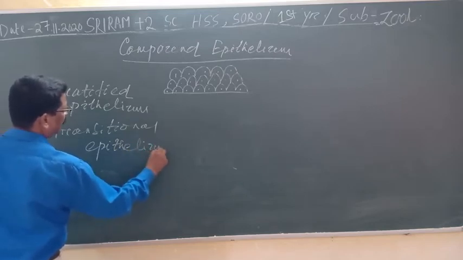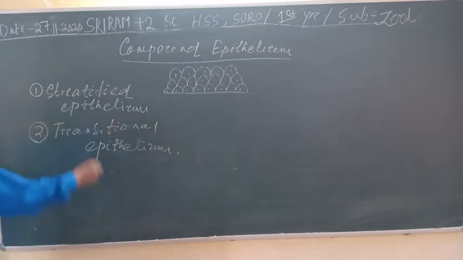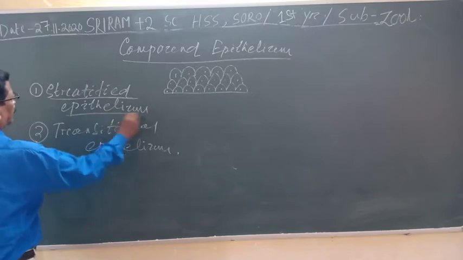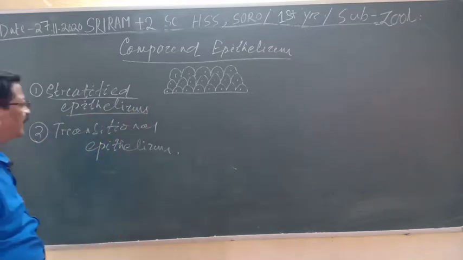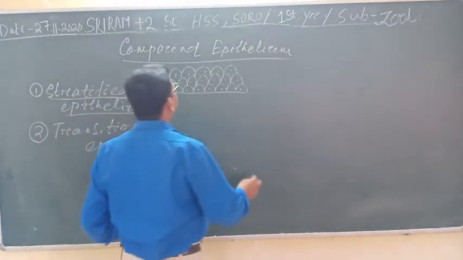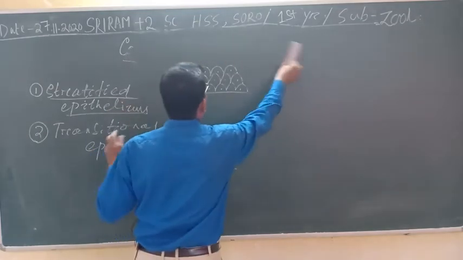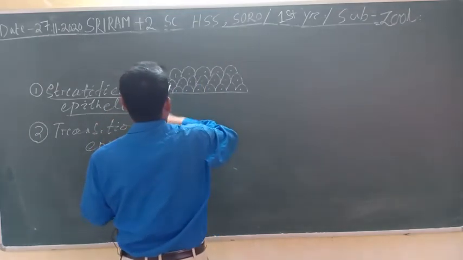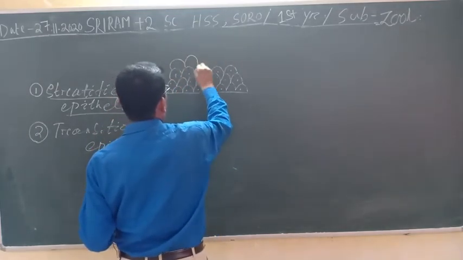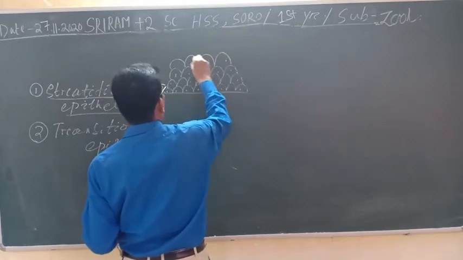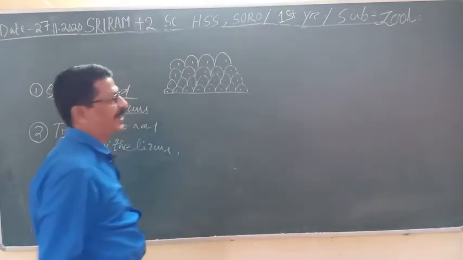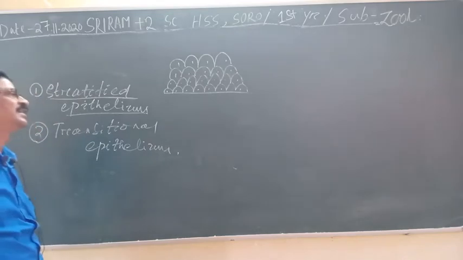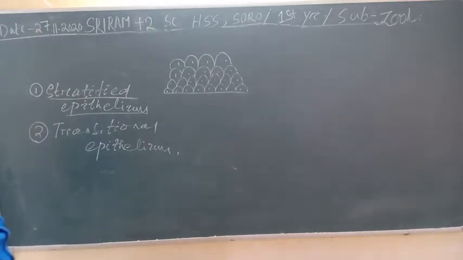So first of all, you come to the stratified epithelium. Clear? In the stratified epithelium, the cells are arranged in more than one layer, about 6 to 7 layers. Clear?